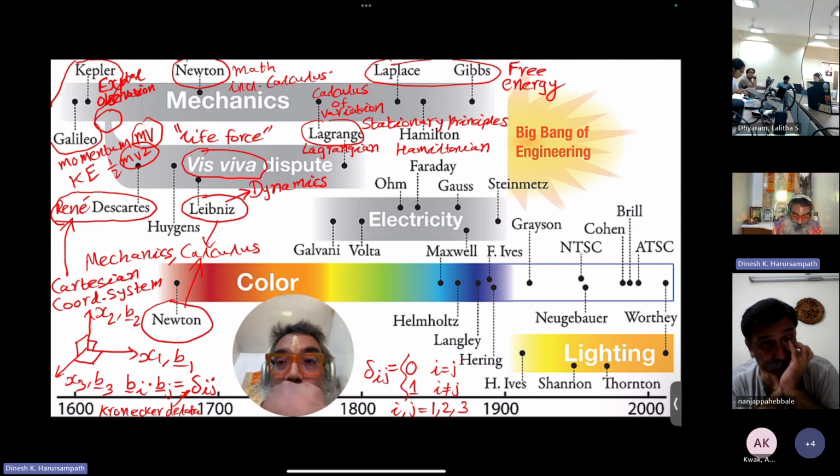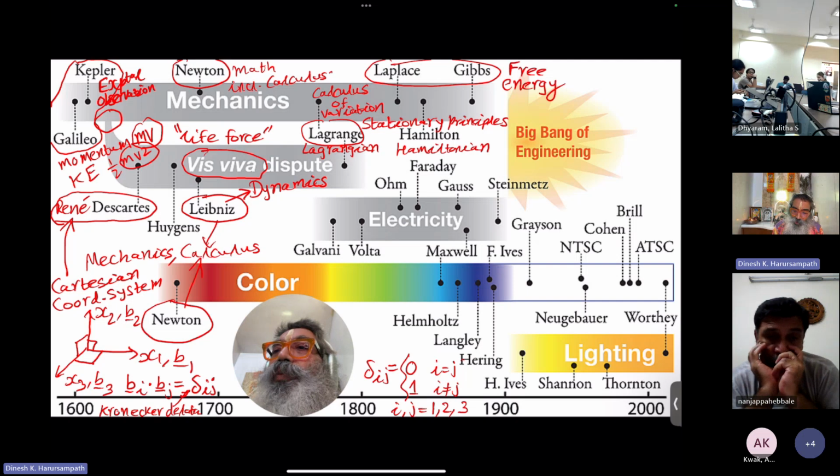But physics, as you know, is a much broader subject, and there are a lot of other fields as well. For example, we talk about electricity here. There are quite a few people involved, like Galvani, after whom galvanic corrosion, etc., is named. Then Volta, Ohm, after whom the unit of resistance is named.